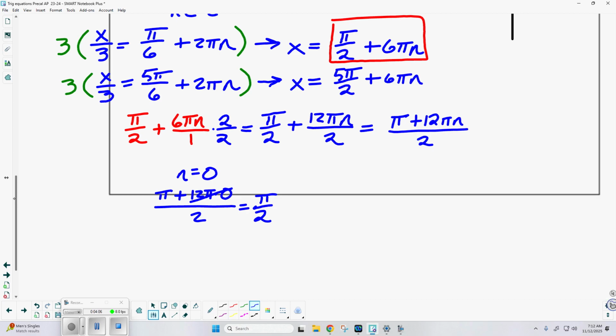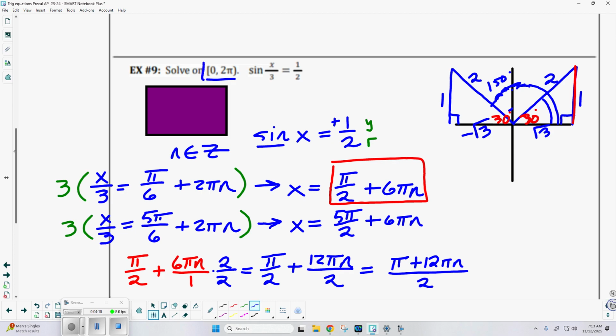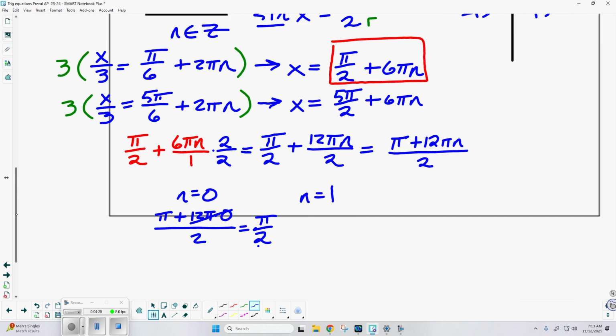Now let's go to n equals 1. Now, you might be wondering, how far do I have to do this? How many values of n do I have to plug in? Well, you're going to continue to find solutions until you find a solution that's outside of your interval. So when we get something bigger than 2 pi, that's when we can stop.